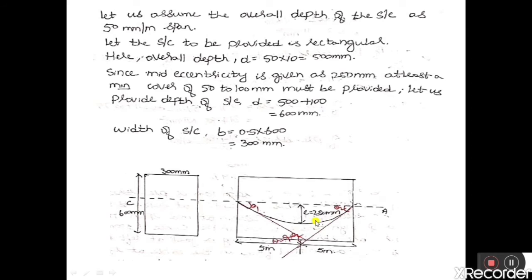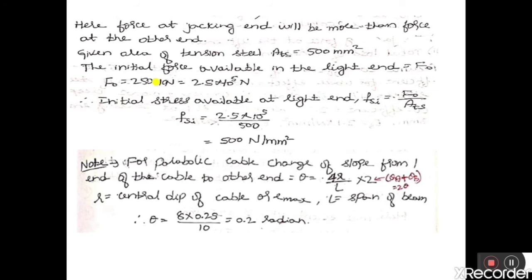Hence we can tell that the initial pre-stressing force at left end will be more than that of right end. So here the initial pre-stressing force at right end is 250 kilonewton. Therefore the initial pre-stressing force at left end should be more than 250 kilonewton. Here the force at jacking end will be more than force at other end.